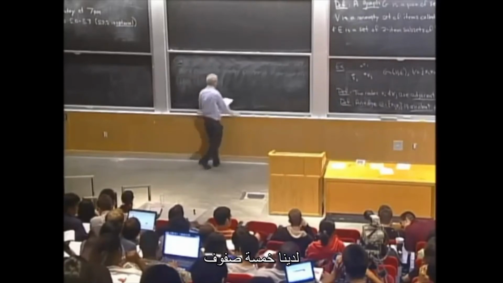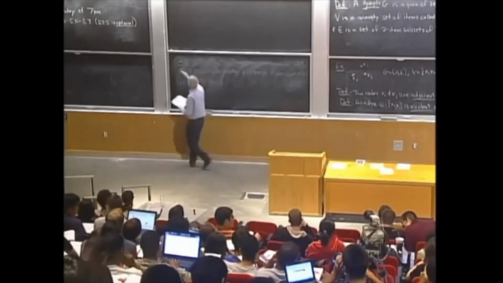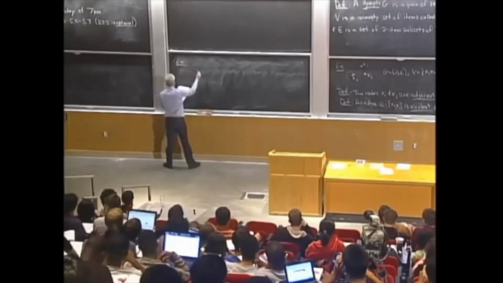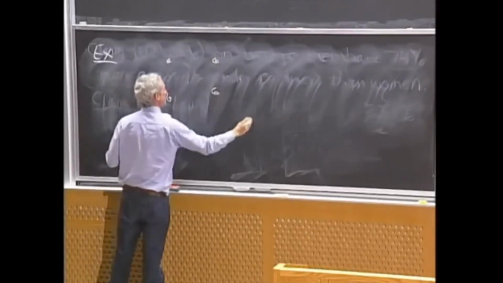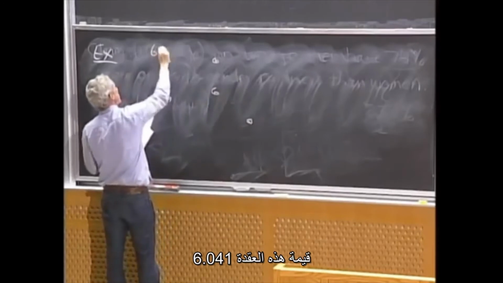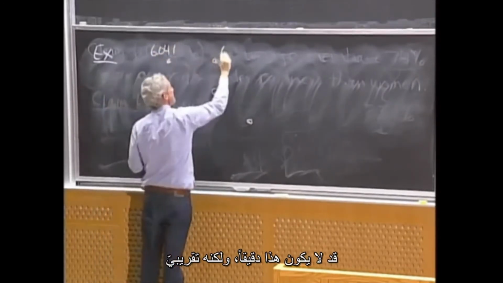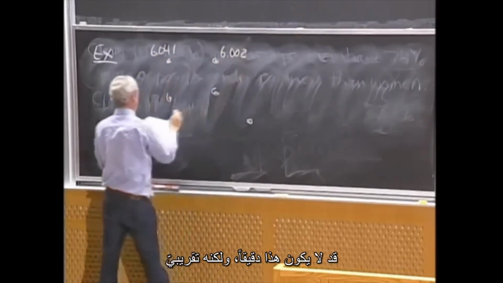Say we look at these 5 classes. Take 6041. And this may not be totally accurate, but roughly.